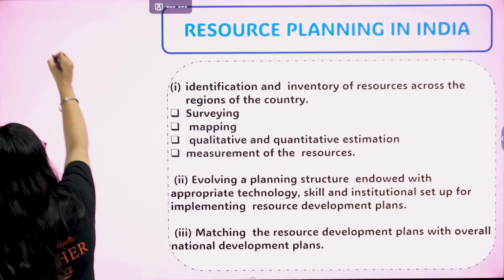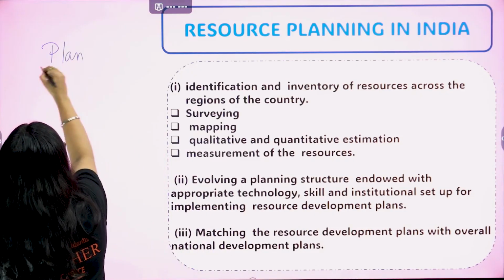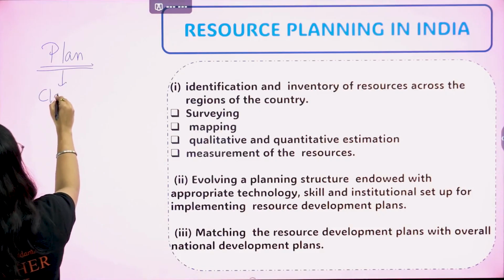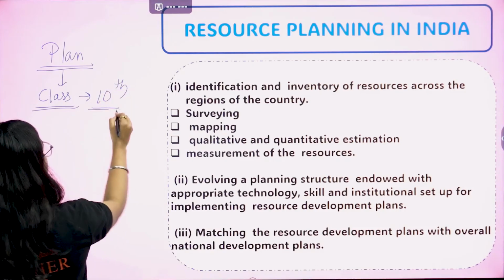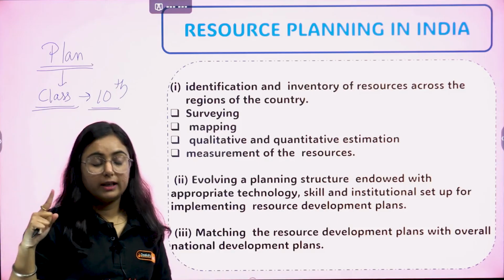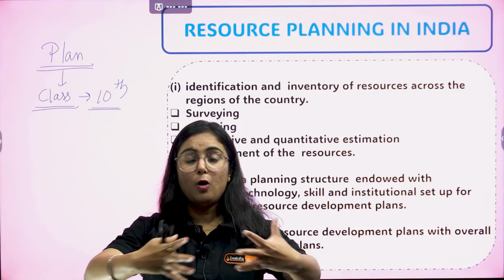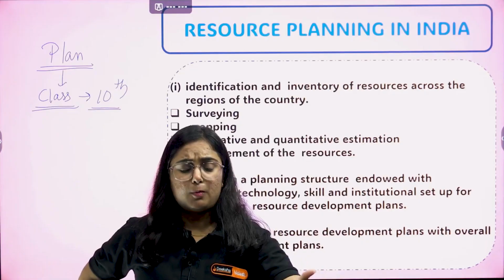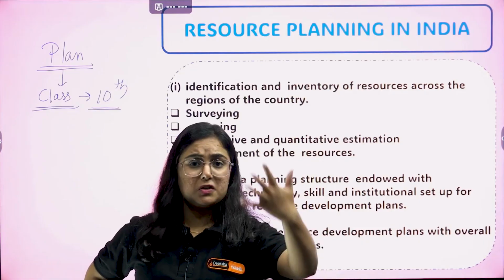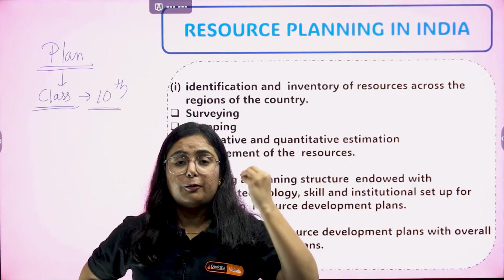So now the plan is such that you are in class 10th. Example: you are in class 10. This is the first day of your class and you have so many books in your syllabus. History, geography, civics, political science, then you have chemistry, biology, physics, maths.